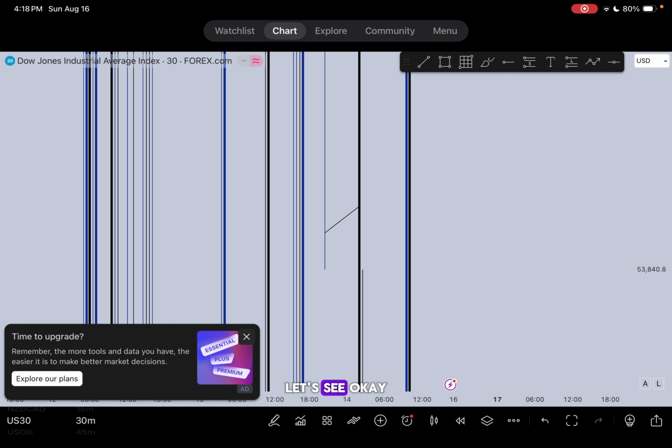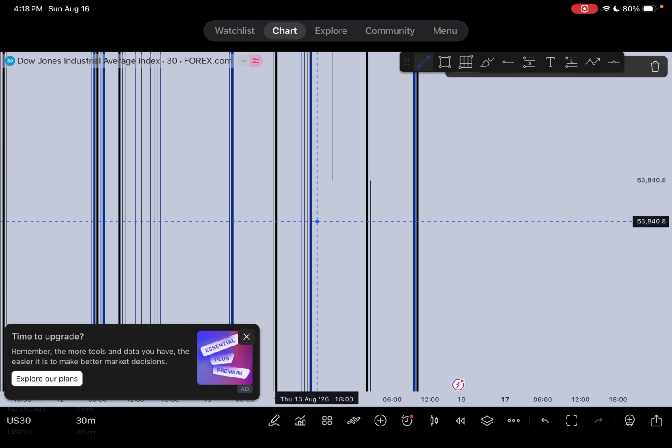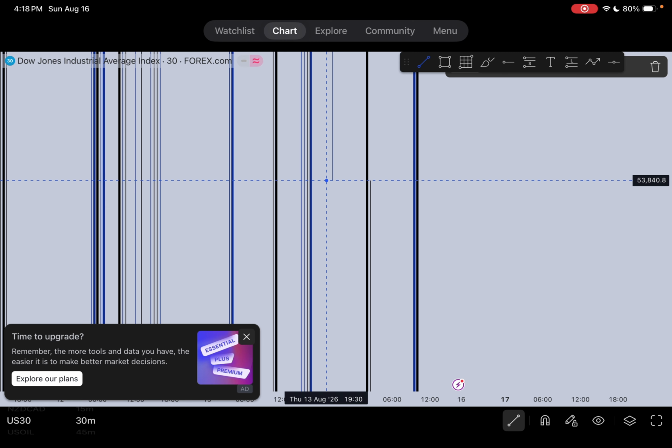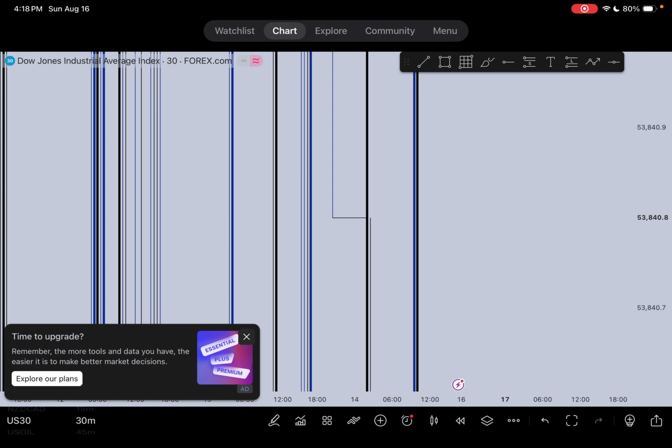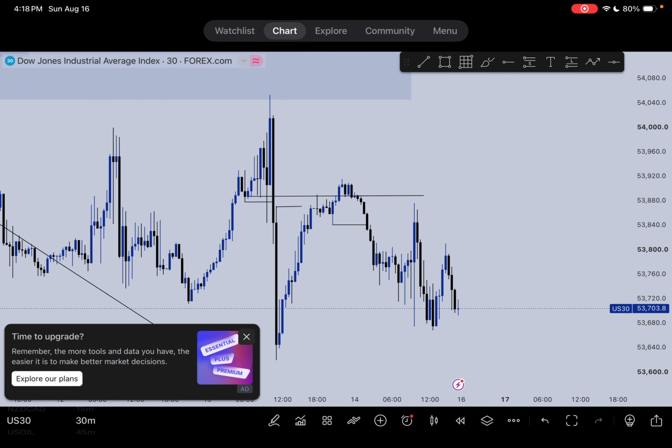Let's see. Was it mitigated? Yes, it was. That zone was mitigated.